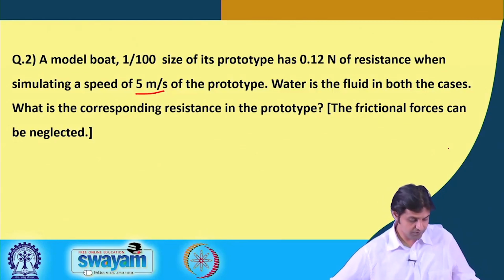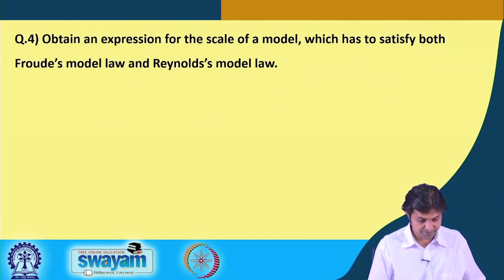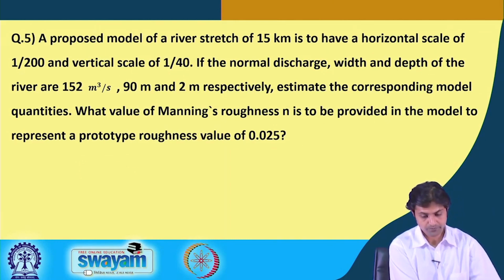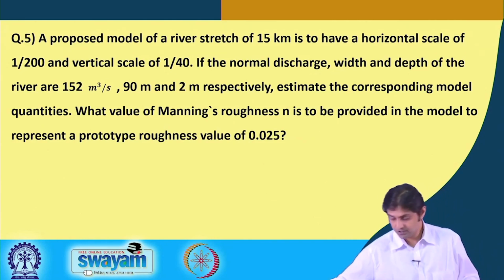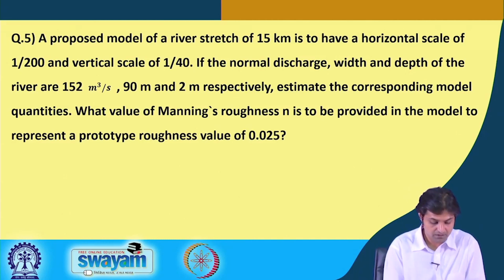So, we will solve another problem, problem number 5. This is on the same concept. The question states: a proposed model of a river stretch of 15 kilometer is to have a horizontal scale of 1 by 200 and a vertical scale of 1 by 40.